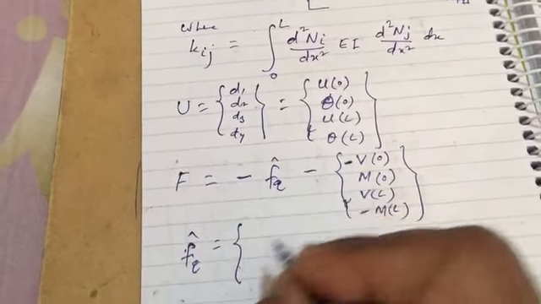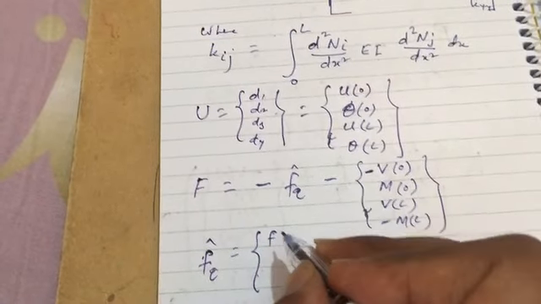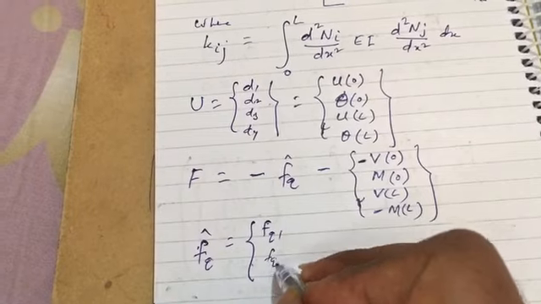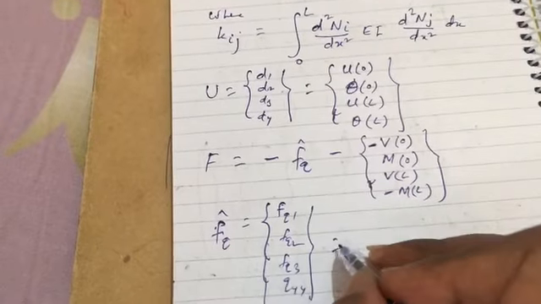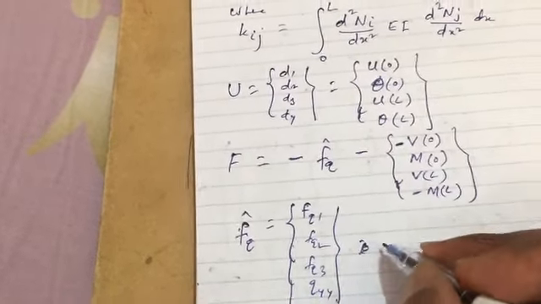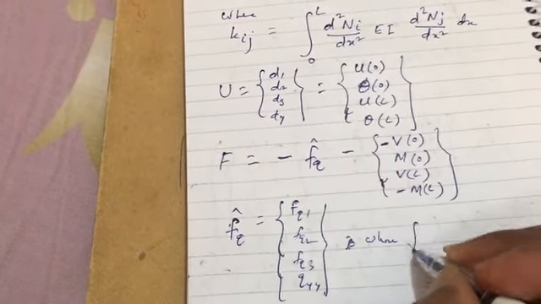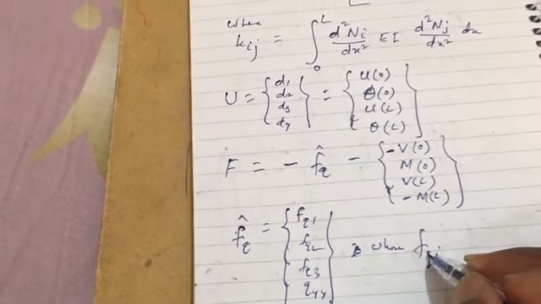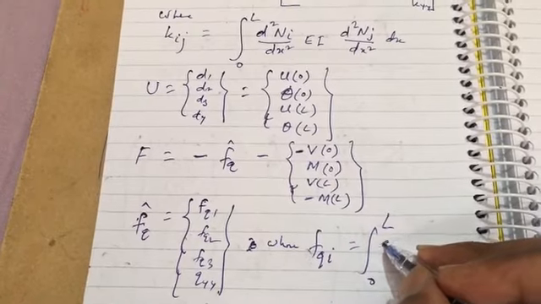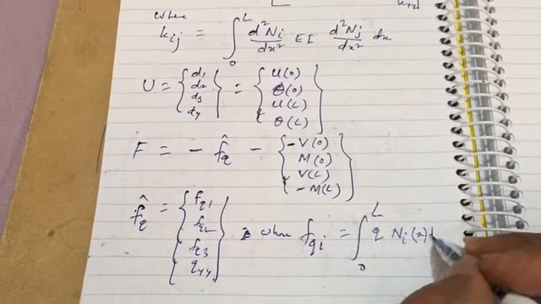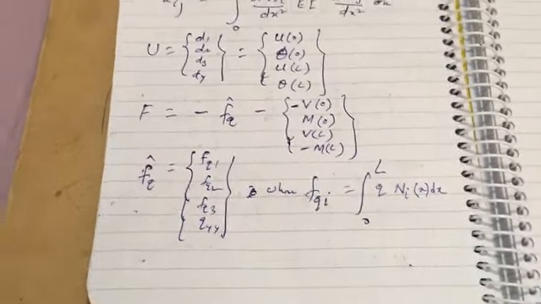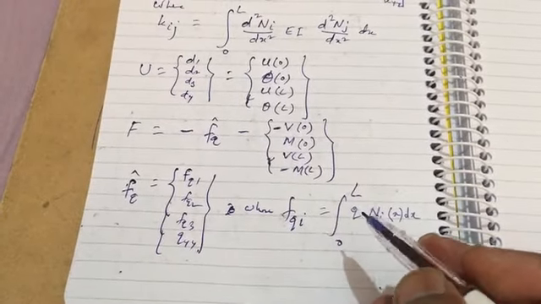This will have 4 terms, so just write Fq1, Fq2, Fq3, Fq4, where again Fqi equals the integral from 0 to L of q Ni dx.